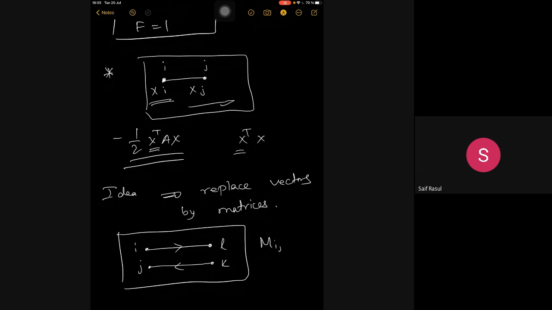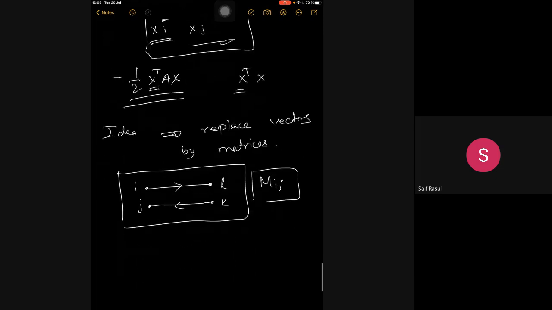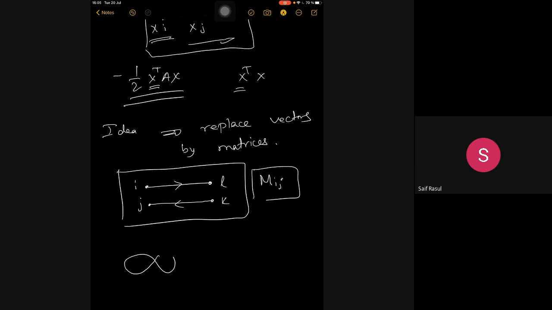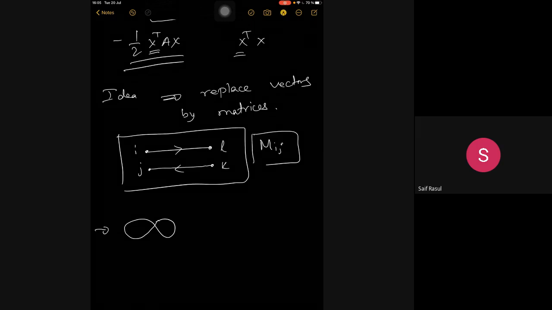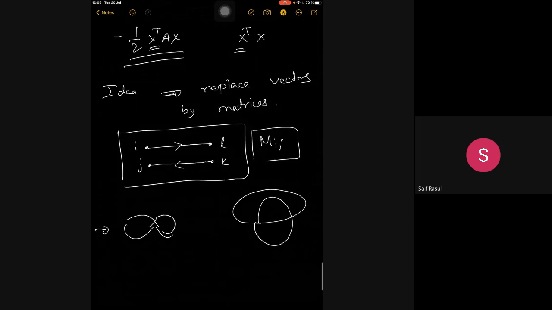For 2-index objects like this, M_ij. And if you remember, our graph was something like this. This was our figure 8 graph, which is something like this. And this was our other graph.